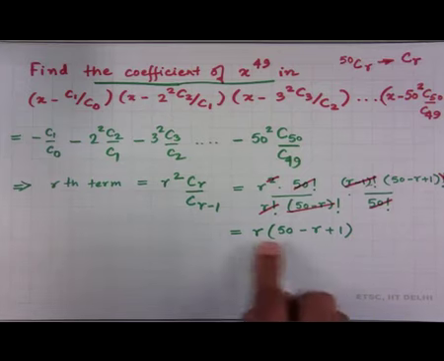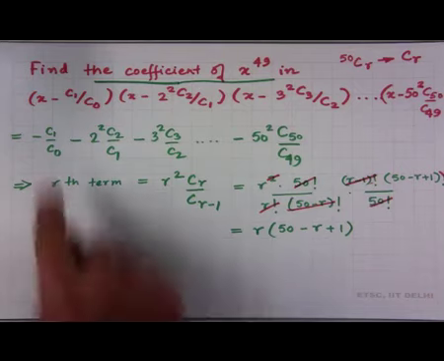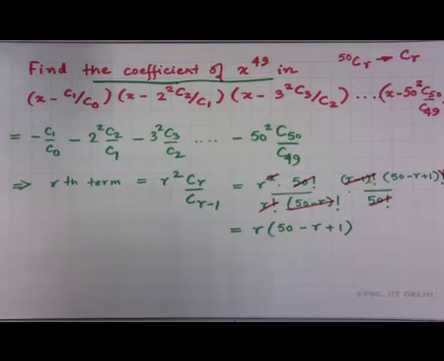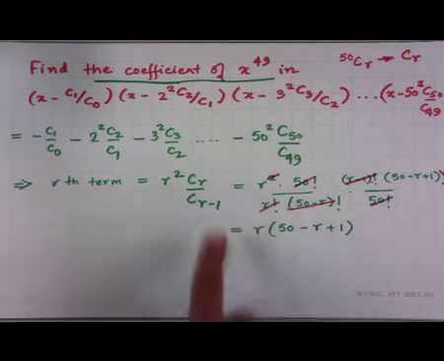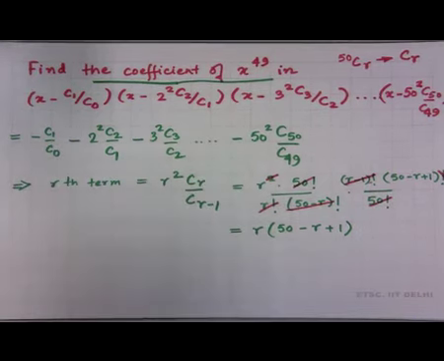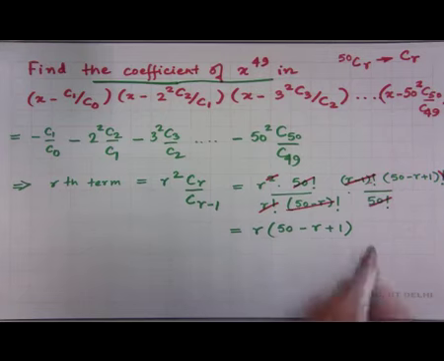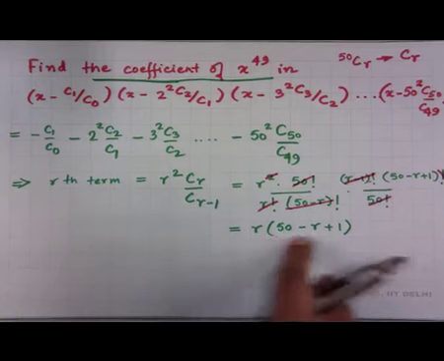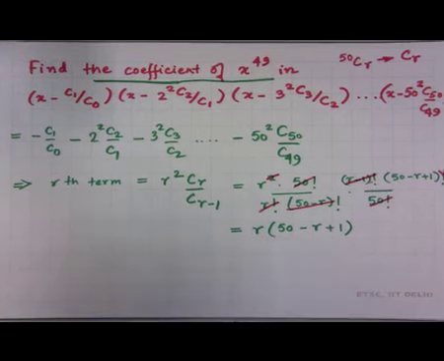The rth term is r into 50 minus r plus 1. Now, you just have to find the sum of everything with a minus sign. I have ignored the minus sign, all the terms are minus, so at the end we will put the minus sign in. So, the sum of all these terms, where each term is r into 50 minus r plus 1.